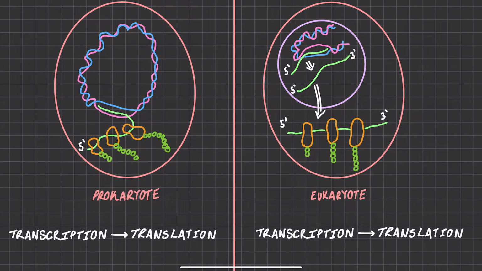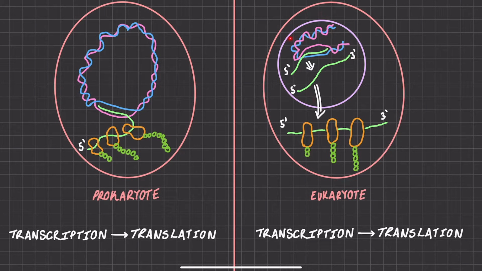Over here we have our DNA, but it's not circular like in the prokaryote. And transcription is occurring here. We're creating our mRNA. mRNA becomes mature, so there are certain steps to that you should probably review if that is necessary for your course. And then this mature mRNA leaves the cell, or not the cell, it leaves the nucleus.